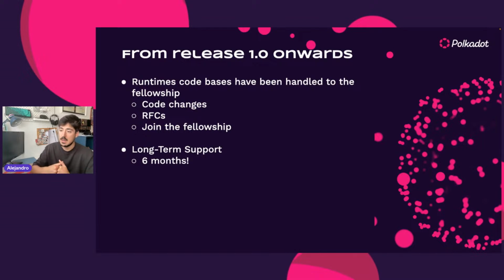As well, I wanted to mention the long-term support, the LTS releases, which will have 6 months of support from now on after every release happens. That should ease the life of many teams out there trying to use these releases for a longer term, because they will get all the security patches.